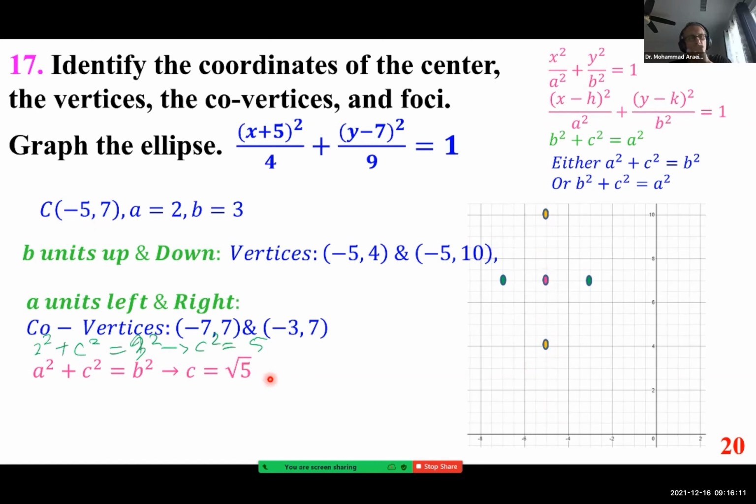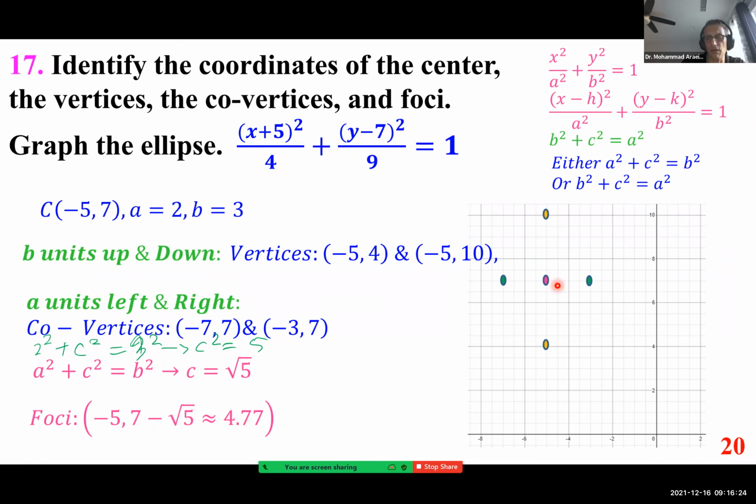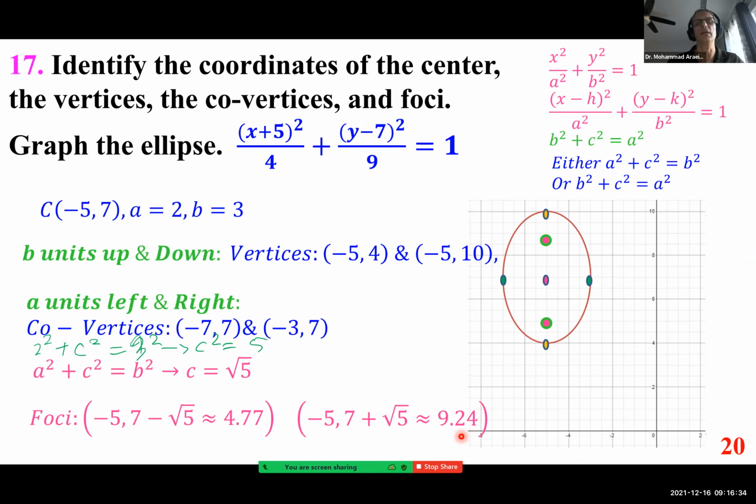So 7 minus square root of 5. This is precise. We use a rough estimate for the sake of graphing and plotting. And if we add square root of 5, we get 9.24. And so those are the 2 pairs. And this is the graph of this ellipse.